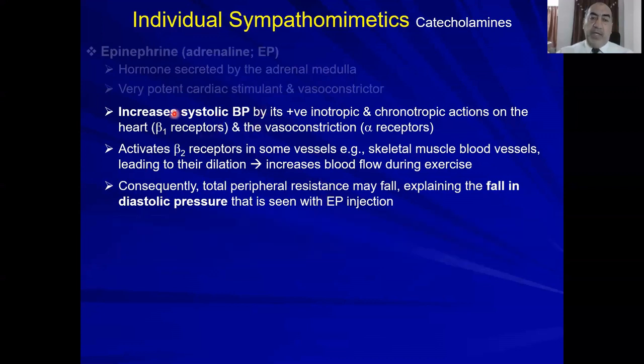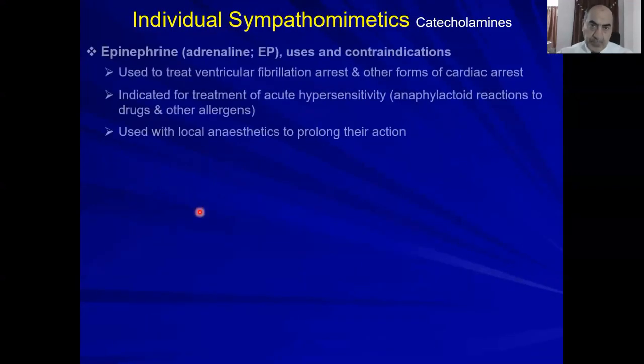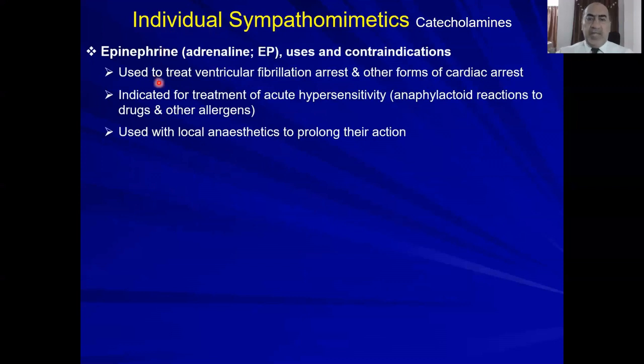So as a recap, epinephrine increases systolic blood pressure and decreases diastolic blood pressure. It is used to treat ventricular fibrillation arrest and other forms of cardiac arrest as a life-saving drug. It's indicated also for treatment of acute anaphylactic shock, like when a patient receives penicillin when this same patient has hypersensitivity against penicillin.